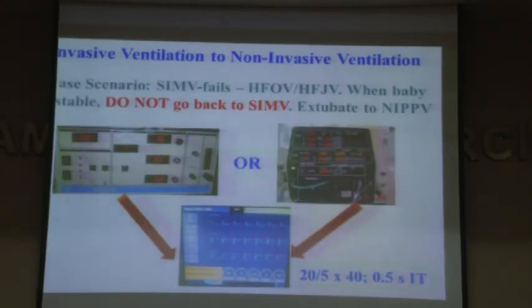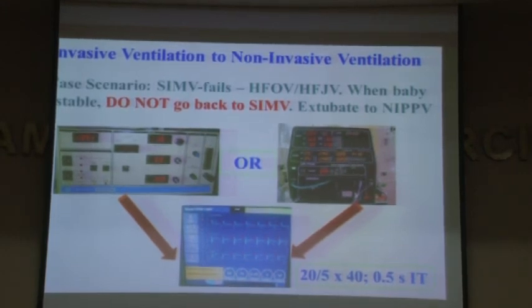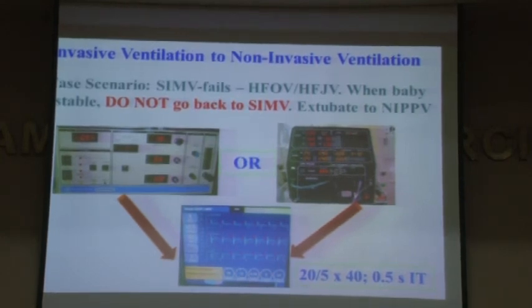The other thing that we do: a baby is sick, you intubate the baby and leave them on invasive ventilation, conventional or high frequency, and the babies are getting ready to be weaned. What do we do? Some put the babies back on conventional ventilation. It's a bad idea. We extubate the baby from high frequency ventilation to non-invasive ventilation.